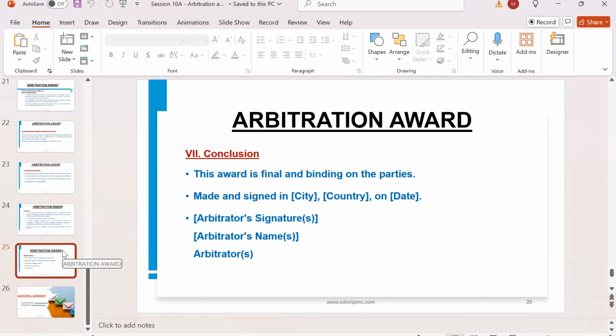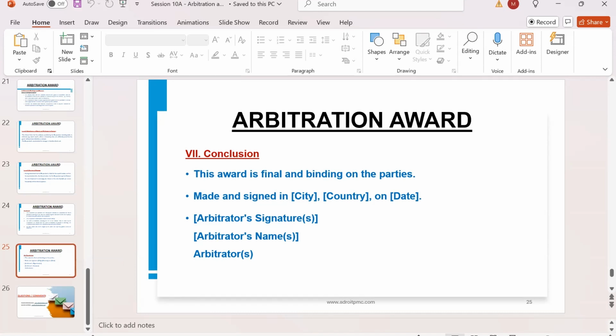So if you're making an arbitration award, make sure that all claims raised during the arbitration proceedings, though they may be superfluous, are mentioned in the award. Whether you accept or reject, whether you allow or reject, make sure that you answer those issues and claims.